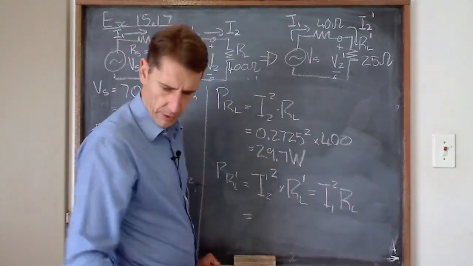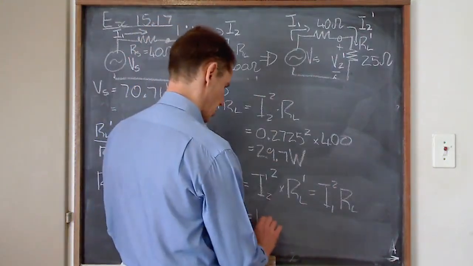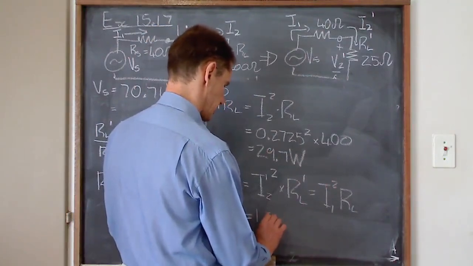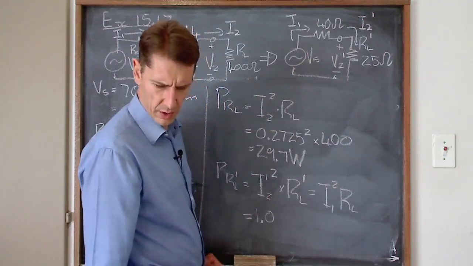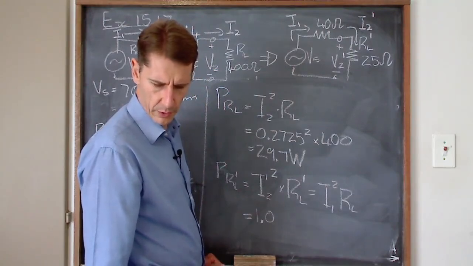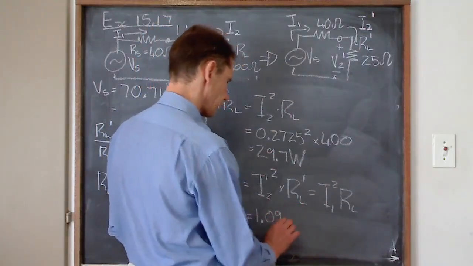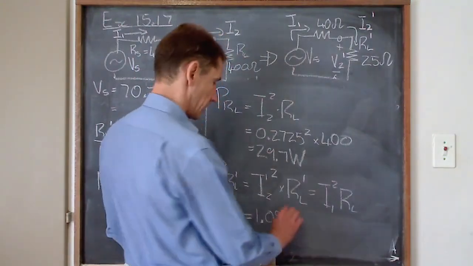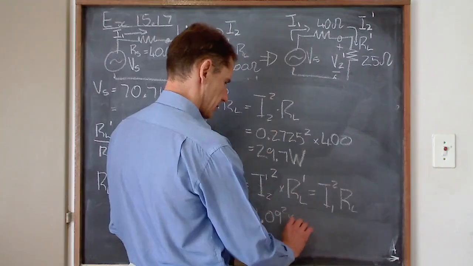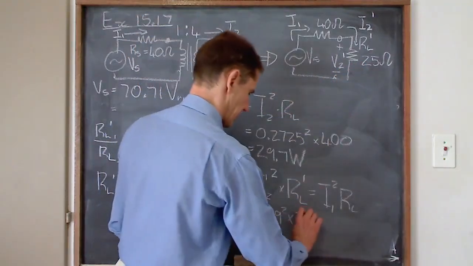So the magnitude of I2 prime or I1 was 1.09 amps, squared, times the 25 ohms now.